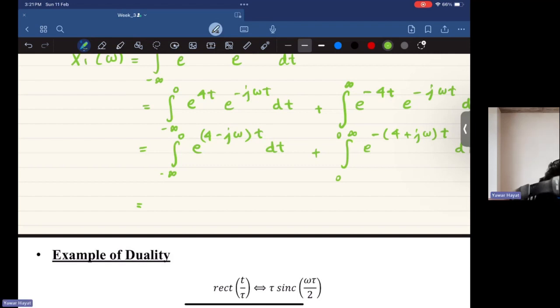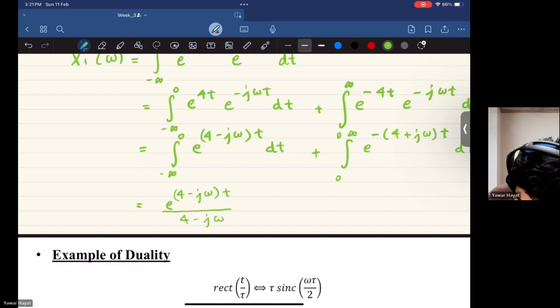Now, this integral evaluates to the following: e to the power 4 minus j omega t, whole divided by 4 minus j omega, and the limits are from minus infinity to 0.